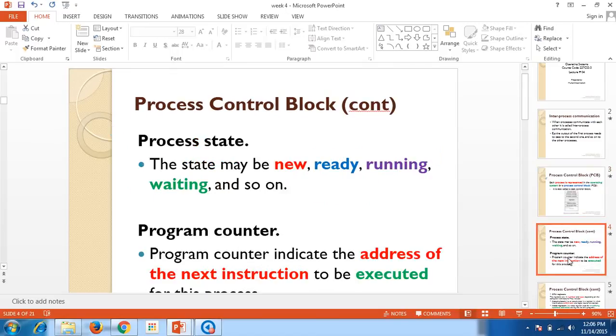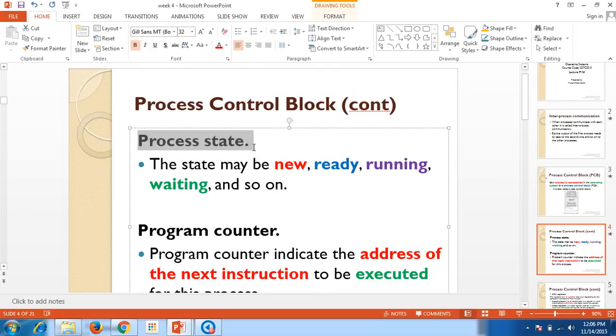So we start from process state. As we already discussed in the second session of our lecture number 3, we have mainly 5 states: new, ready, running, waiting, and terminated. We already discussed in detail the meaning of the new, ready, running, and waiting states.